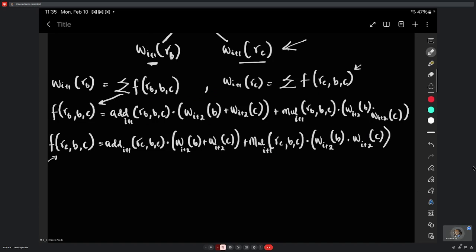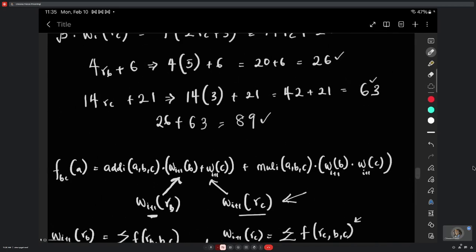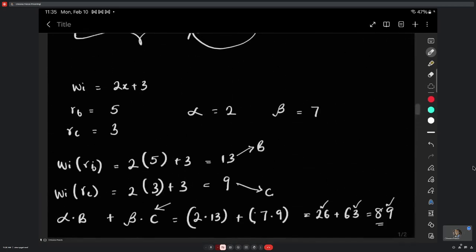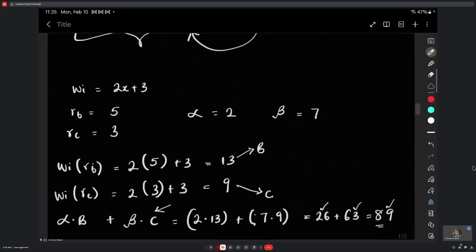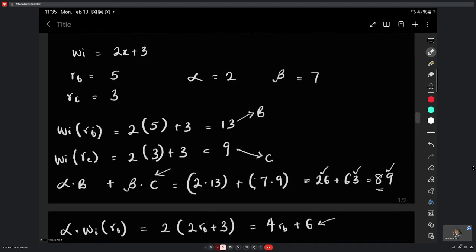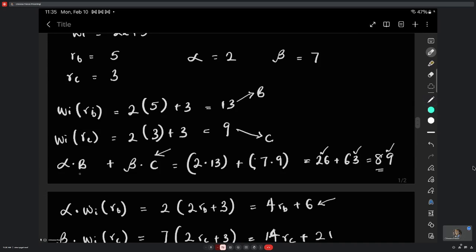The left hand side are the actual values, just like in this case. Are we following?